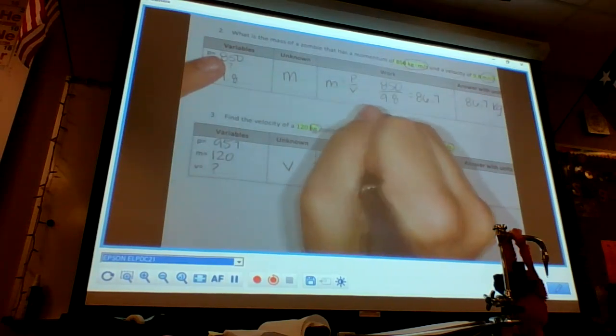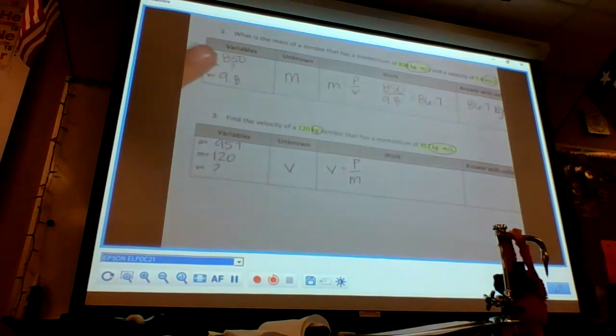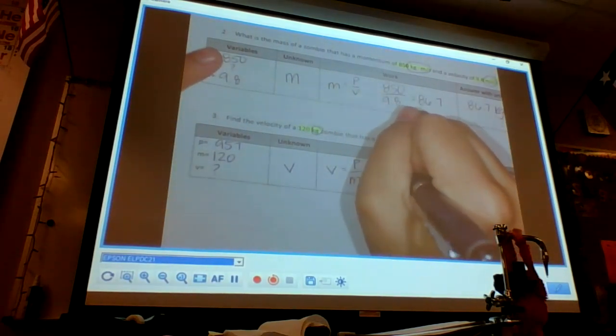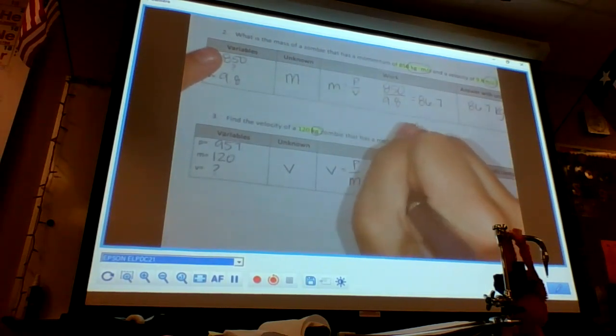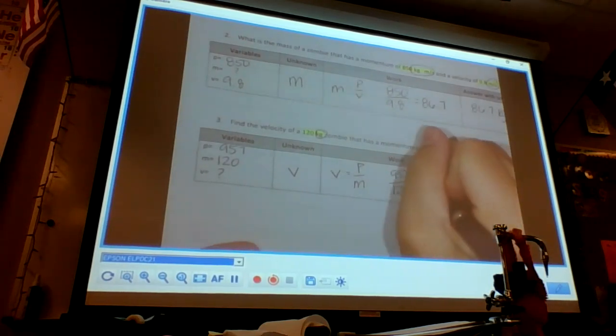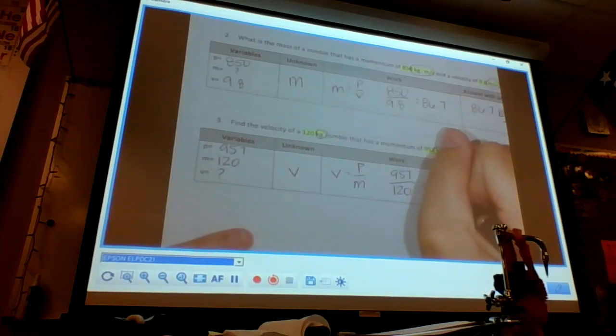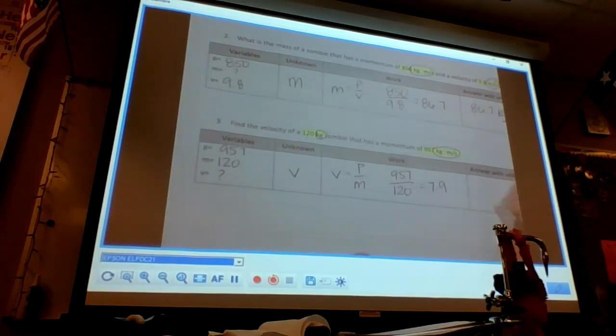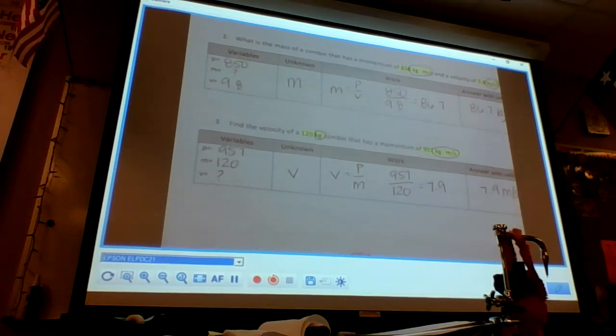V is going to be P divided by M. So 957 divided by 120. And velocity is meters per second.